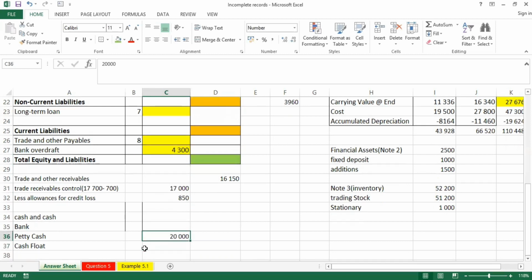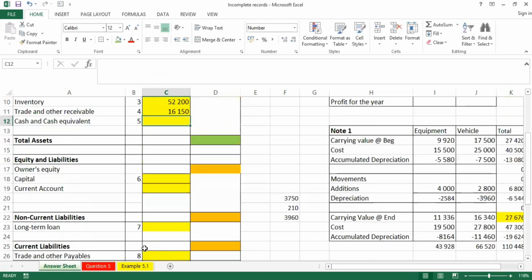On our cash and cash equivalents, bank is 0, and they never told us anything concerning cash flow, so it's also zero. Meaning our cash and cash equivalents is the 20,000, so that's what we write, 20,000, just like that.